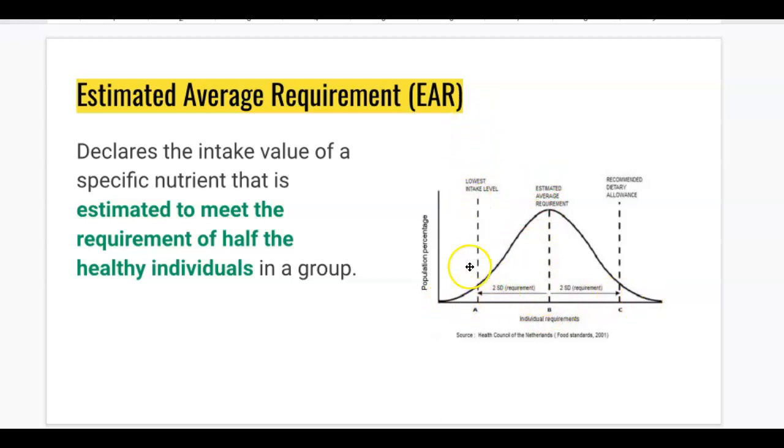They're between this lower level of intake and this upper level of intake. So what we're going to do is take the 50%, take that middle, and this is the amount of that specific nutrient that we're going to recommend. That is what is the estimated average requirement.